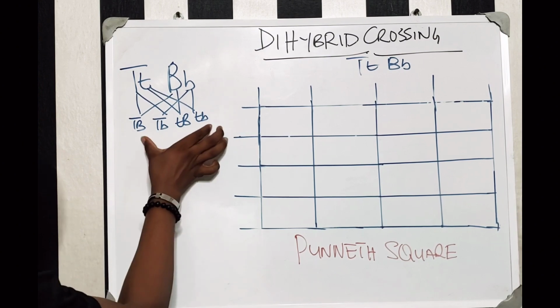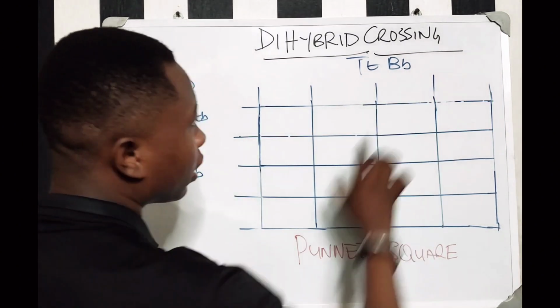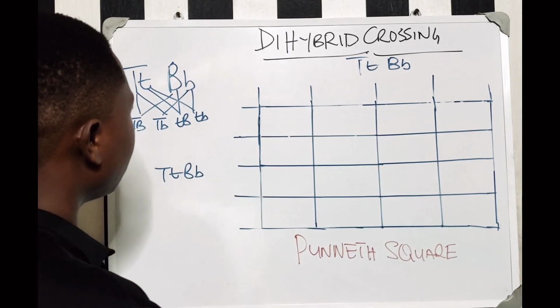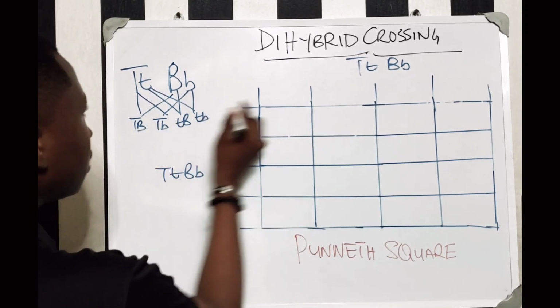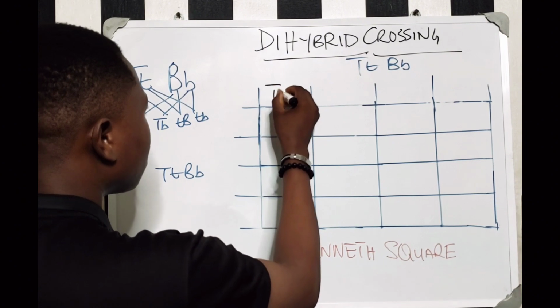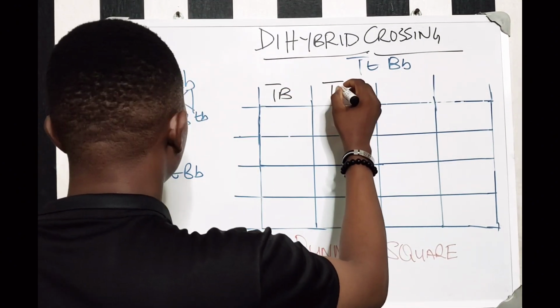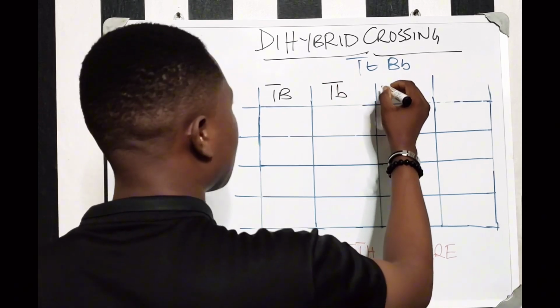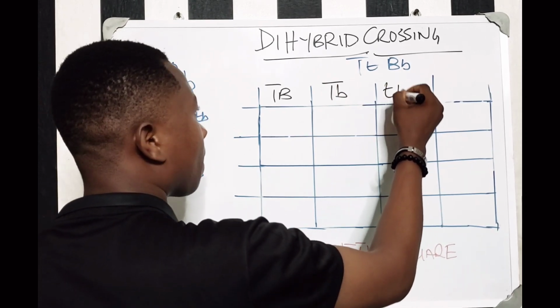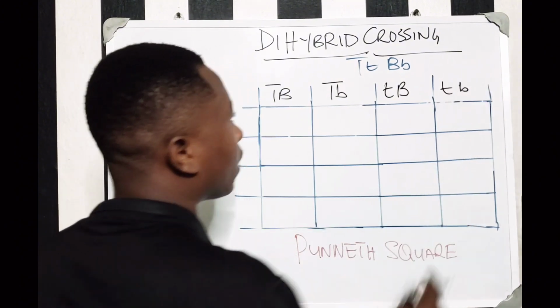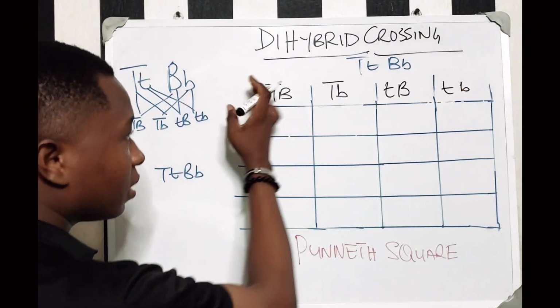So these are what we are going to cross in this Punnett square. Now let us place this into this table. So we are crossing this, this, this, and this. So we are going to repeat the same thing over here.